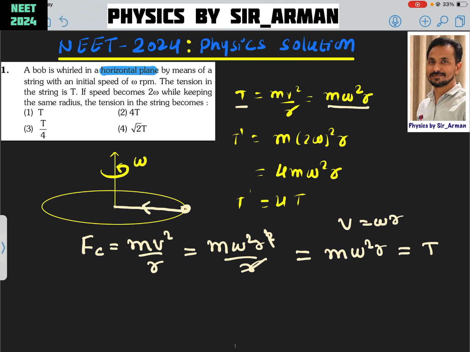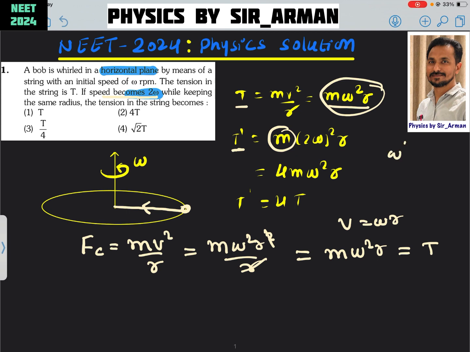Now here, what is given? The tension in the string is T. Now if the speed becomes 2 omega and we keep the radius the same, what will be the new tension? So here T dash will be m, and omega becomes 2 omega.